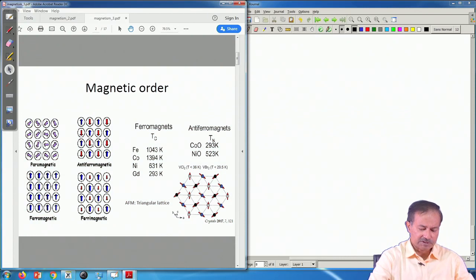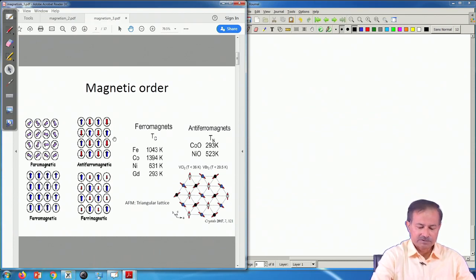There is also this strange kind of order, which is called the antiferromagnet, where, as you can see, a blue spin is up and the red spin is down. So, every spin has its nearest neighbors down. The neighboring spins of a spin up are all down, the neighboring spins of a down spin are all up. Now, this is one kind of antiferromagnet.